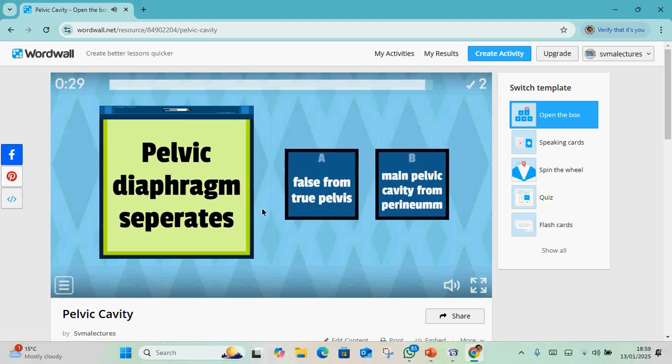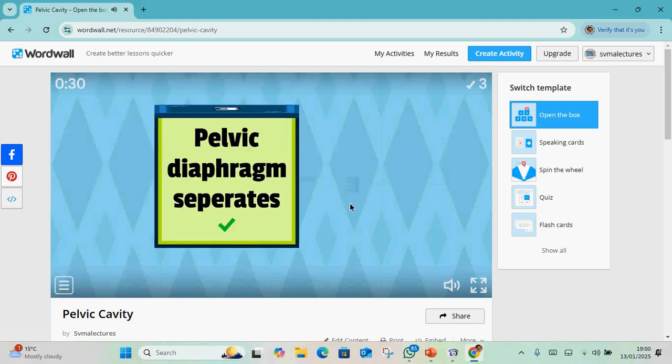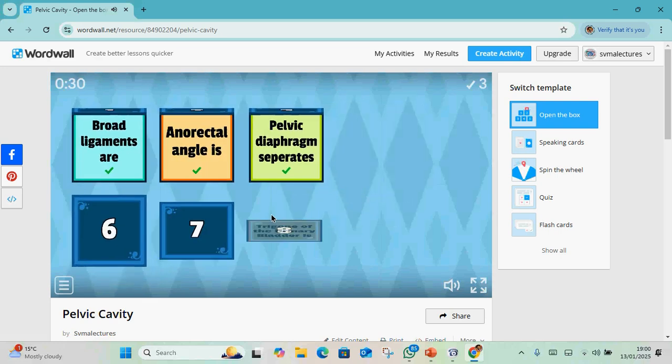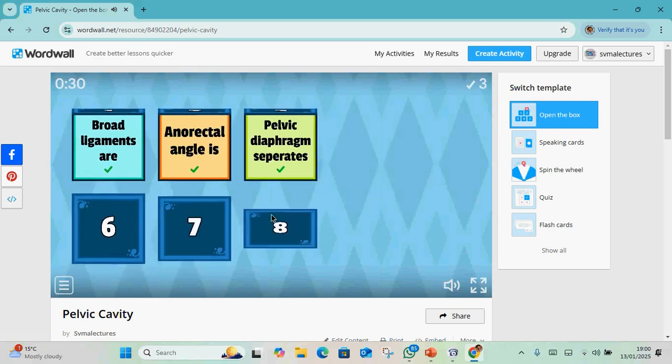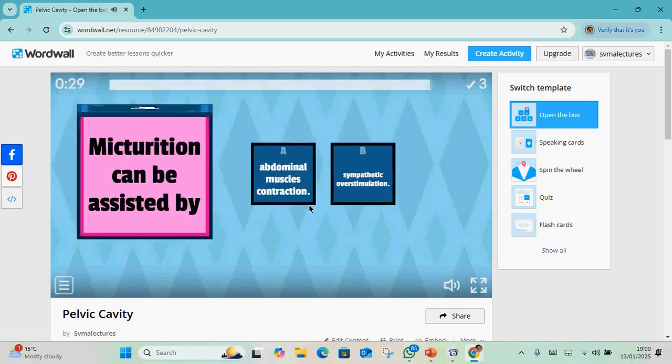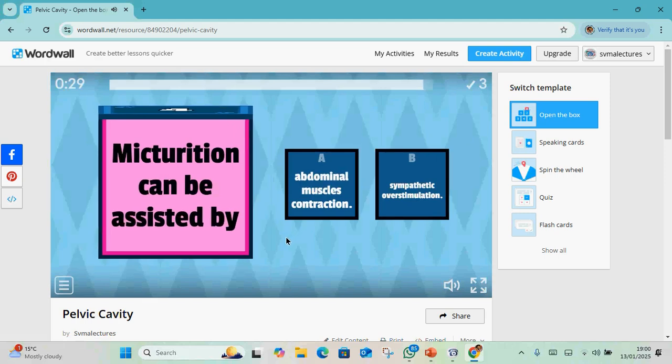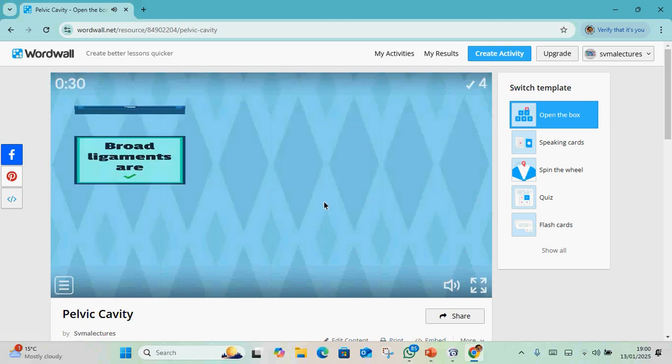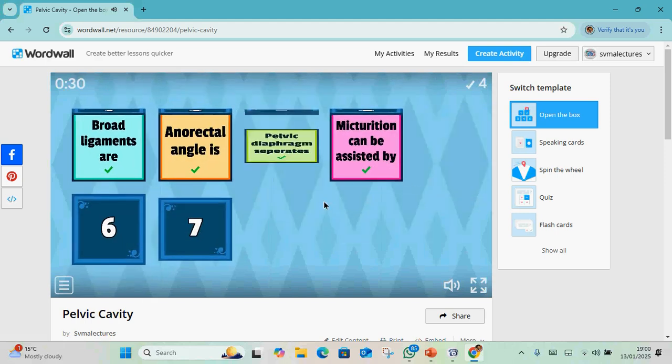The median lobe. Well done. The true pelvis is between the pelvic inlet and outlet, or the pelvic diaphragm and perineum. Pelvic inlet and outlet. Well done.